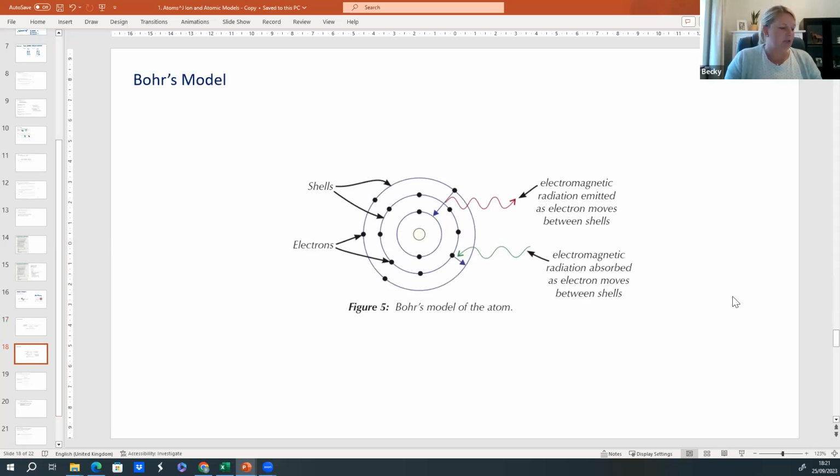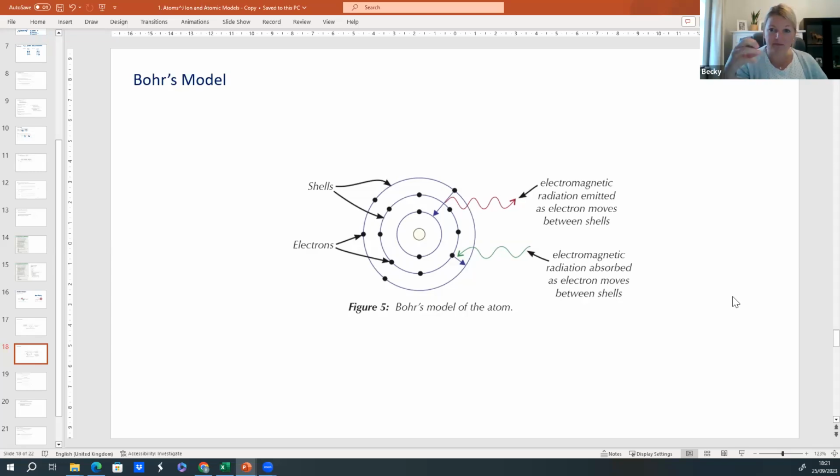So Bohr's model was just about putting the electrons into shells rather than just that random dotting around. So into our energy levels, like you will have looked at at GCSE. Electrons were in these fixed orbits, not just anywhere.